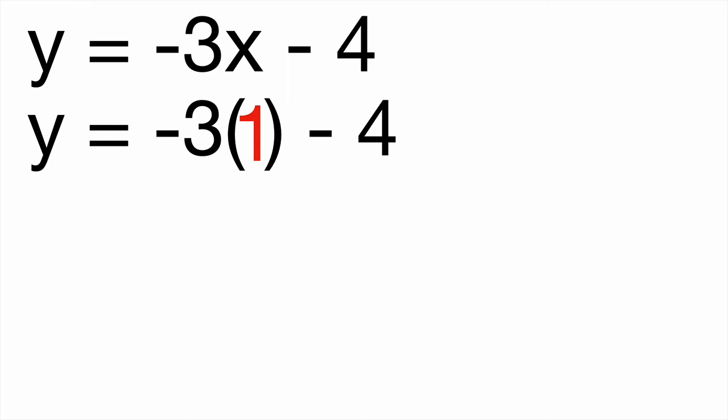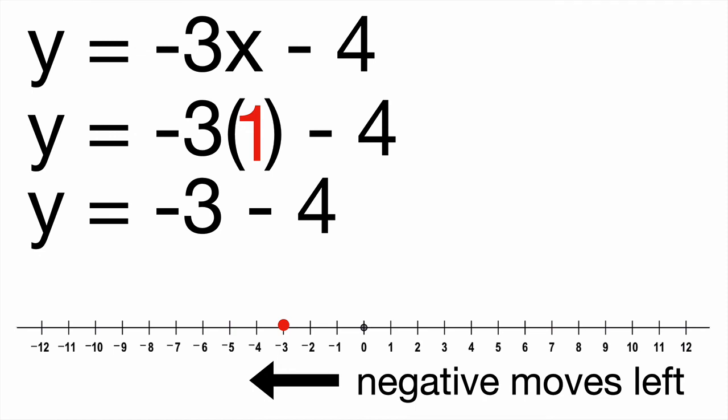And -3 times 1, any number times 1 is itself, so y is going to equal -3 minus 4. But remember, when it's minus 4, the -4 is going to move that -3 to the left, because a negative number moves it on the number line to the left. So we have to move it 4 points to the left.